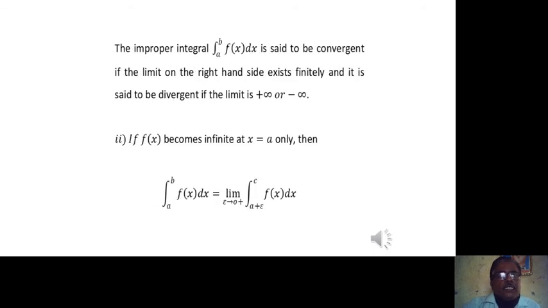Further, the improper integral a to b f of x dx is said to be convergent if the limit on the right hand side exists finitely, and it is said to be divergent if the limit is plus infinity or minus infinity.